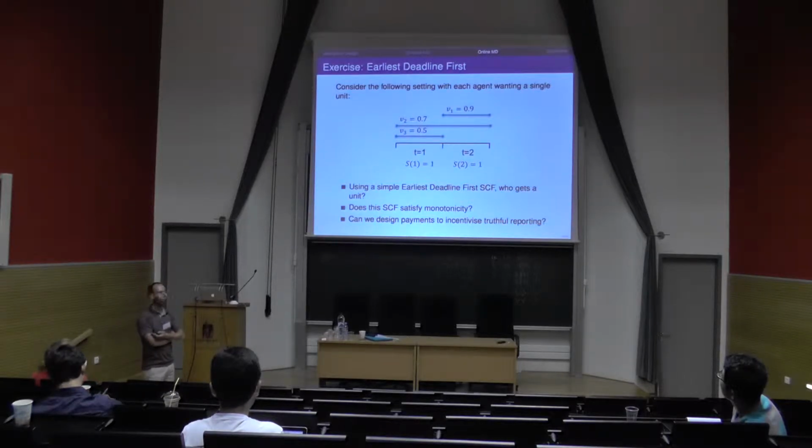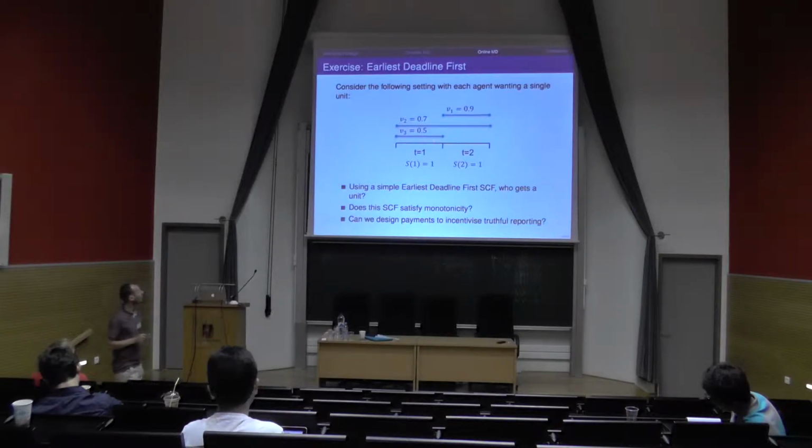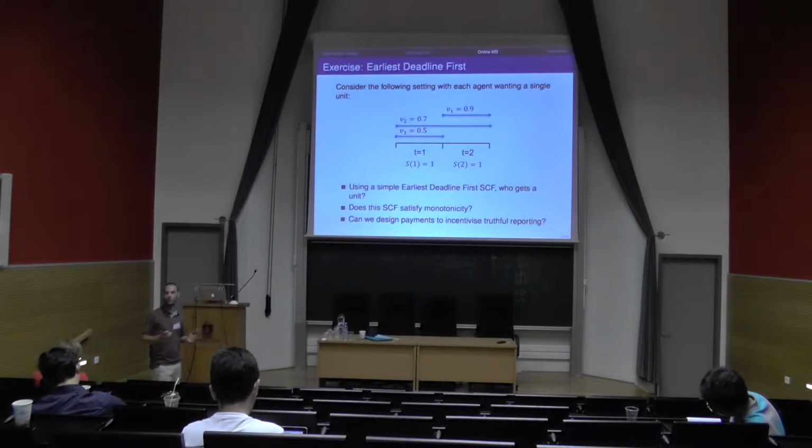So what could we do? What could this guy pay? Whatever payments we design, if we want to maintain individual rationality, we cannot charge this guy more than 0.5. Let's look at all possible payments, forget about VCG.